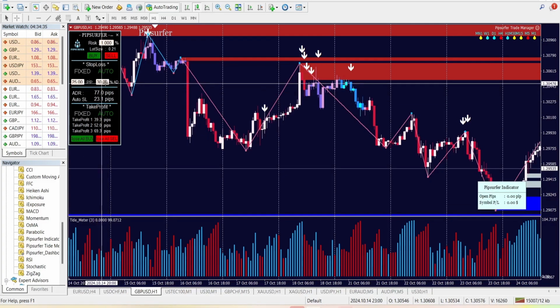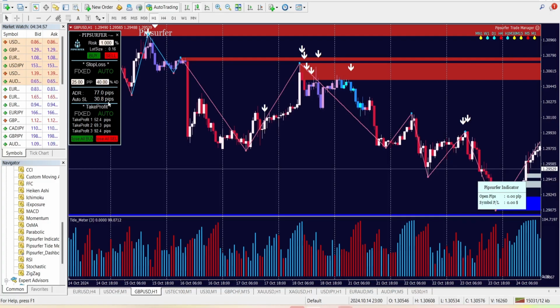So you see here, the default setting is 30% of the average daily range is what it's going to use for its automatic stop loss. If you want to be more conservative or give more grace, you can do 40%. You see how it changes the automatic stop losses.